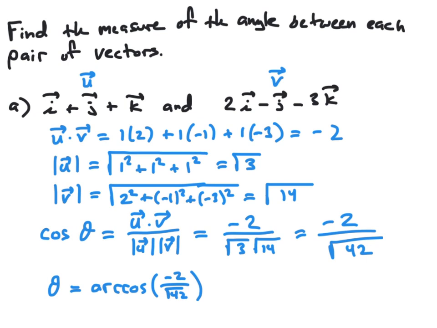And when we compute this, we get approximately 1.88 radians, or 108 degrees. So the angle between these two vectors would be 1.88 radians, or 108 degrees.